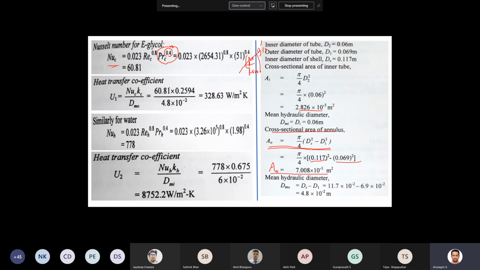Sometimes you can directly get the Prandtl number if you refer to any tables or handbook, for a particular temperature, in addition to properties like specific heat, density, viscosity, surface tension, thermal conductivity. You can also get the Prandtl number, a ready-made value. Or you have to calculate this Prandtl number, that is Cp mu by k.